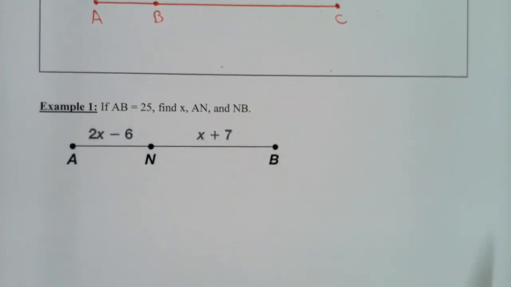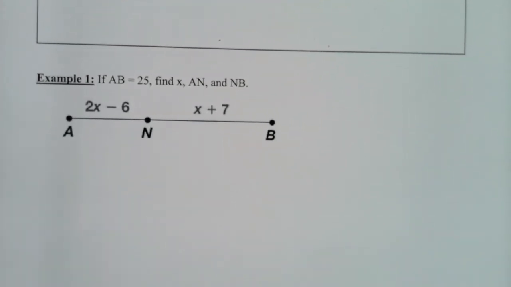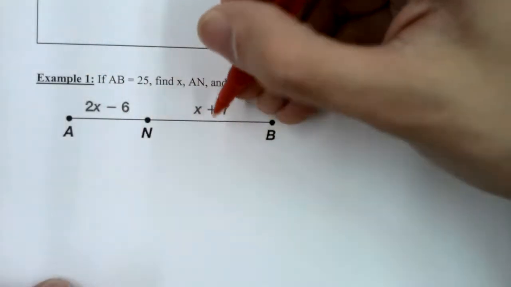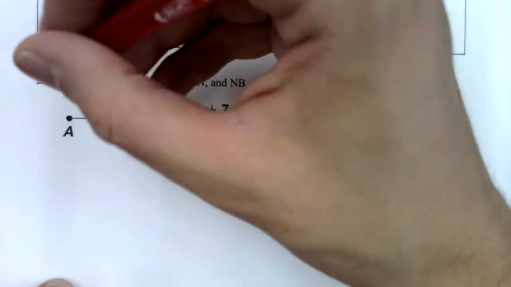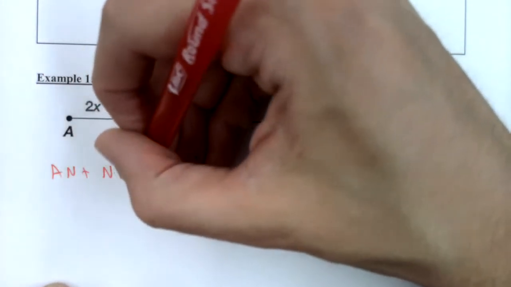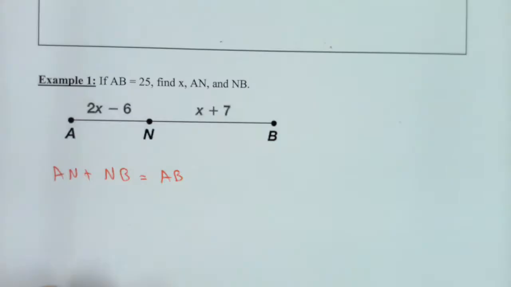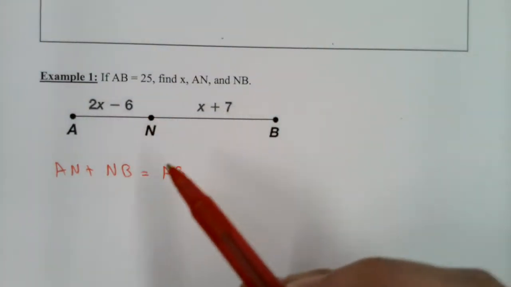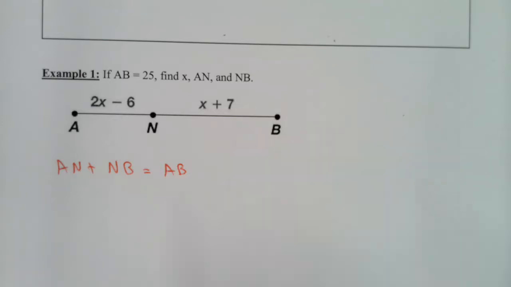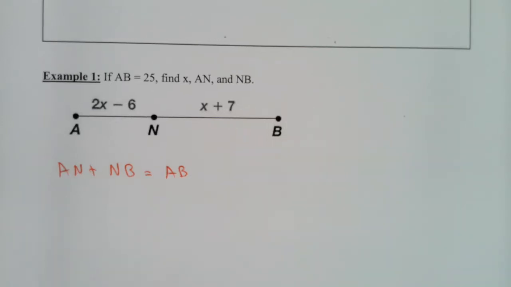So let's try example 1. If AB equals 25, find x, AN, and NB. I'm going to write down that AN plus NB equals AB. If I add up each of the small segments, it equals the entire segment. Now I'm going to substitute.